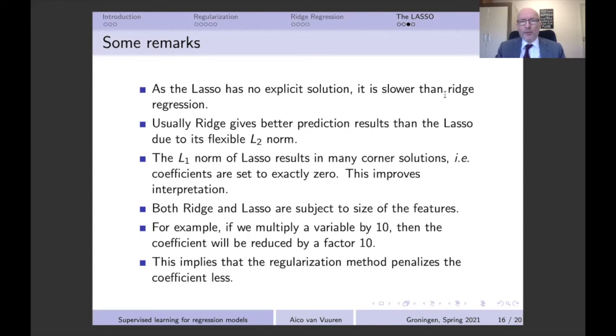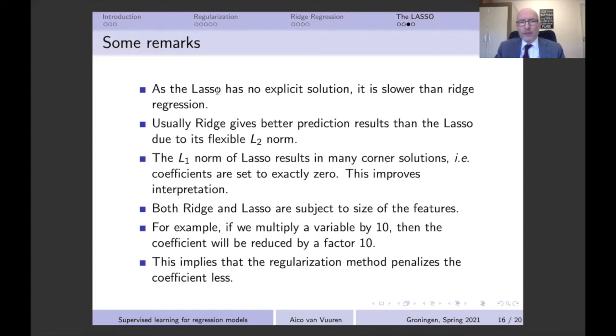Whether that's really a problem depends nowadays a bit, of course, on your computer power and maybe also on your patience. You should realize that the lasso is always pre-programmed in Python or in R, even in Stata, so it's now very easy to do the lasso. That will be quite quick, but I do not know exactly how much faster ridge is going to be, though I would not be surprised if somebody tells me that ridge regression is at least 10 times as fast as the lasso.